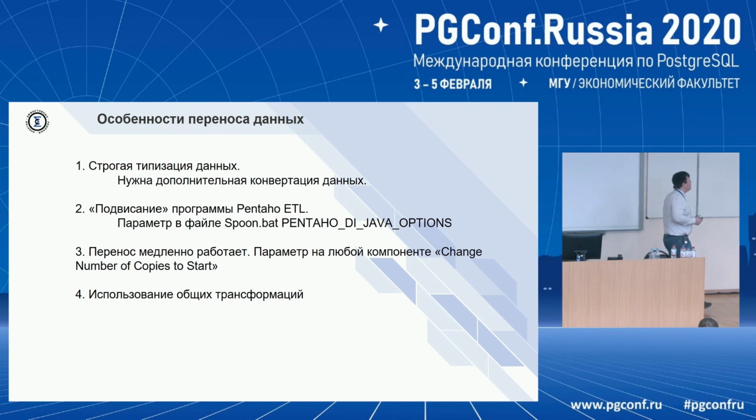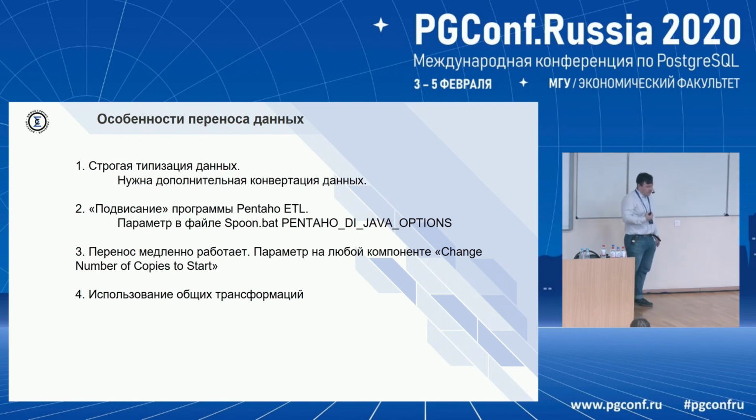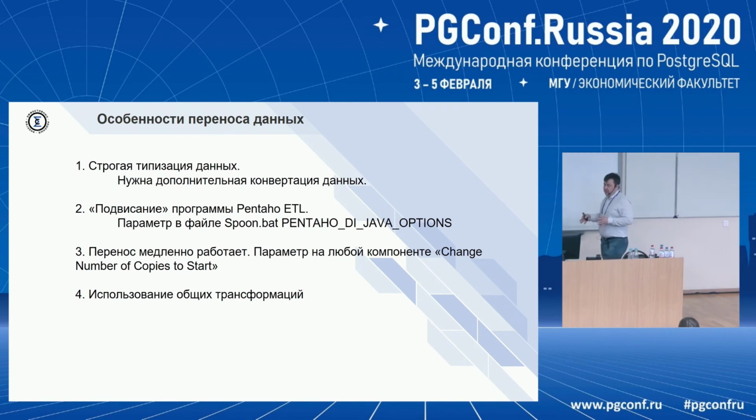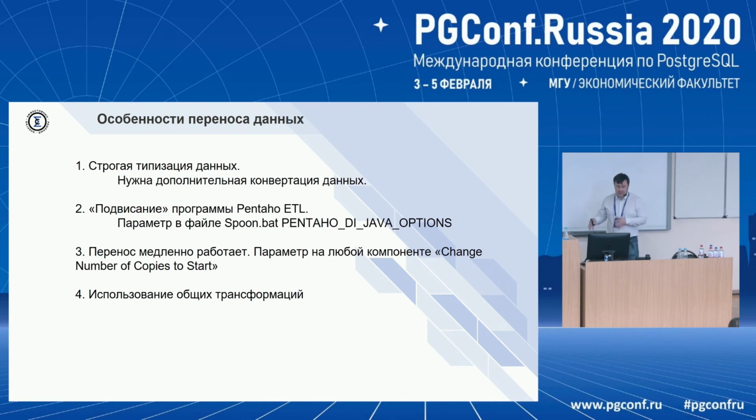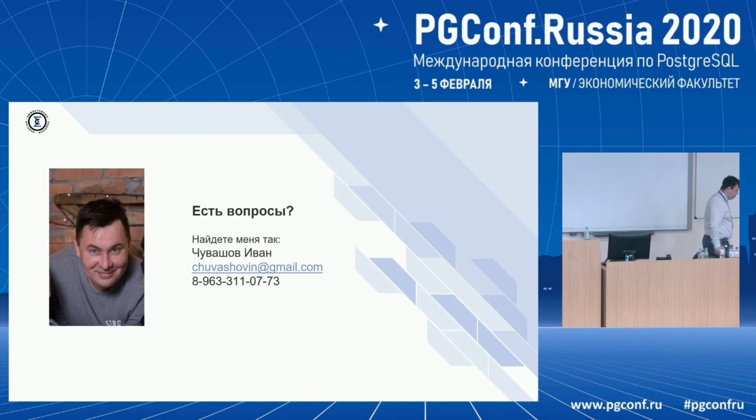And one general thing that will help us a lot to migrate the data is using general transformations, certain blocks of transformations that are used in multiple transformations. We just call them general, and then it's much easier to use them and to work with them.